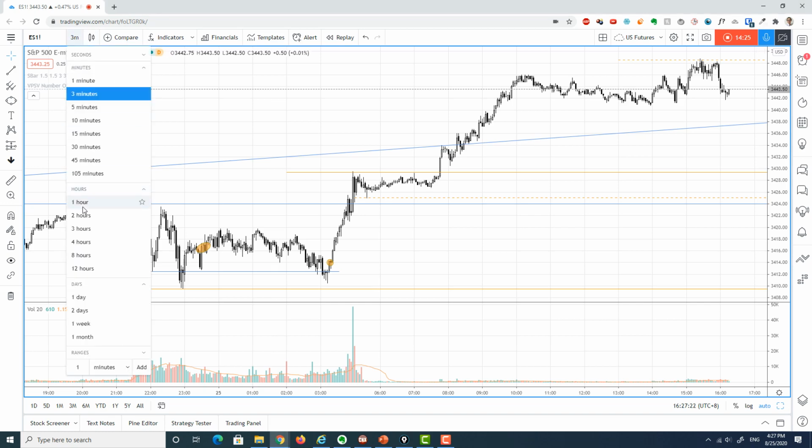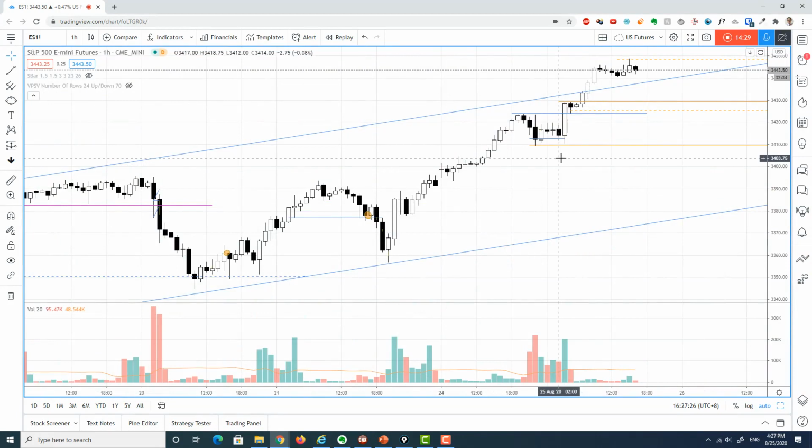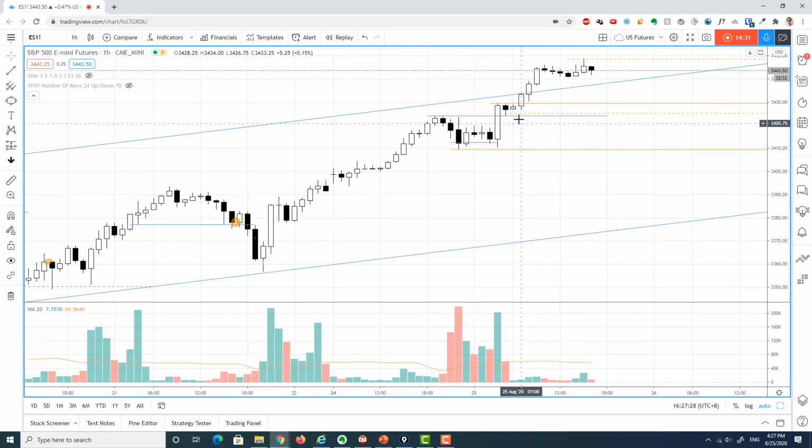And for the immediate supporting levels, let me take you to the hourly time frame. So this is the hourly chart, and we can see this obvious area here, the obvious level around 3420 to 3430.